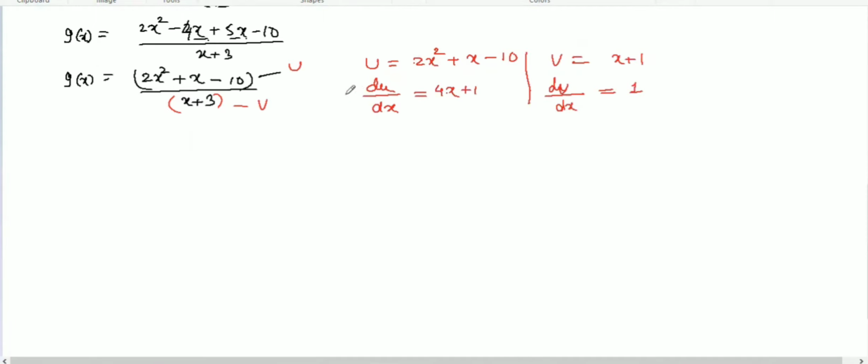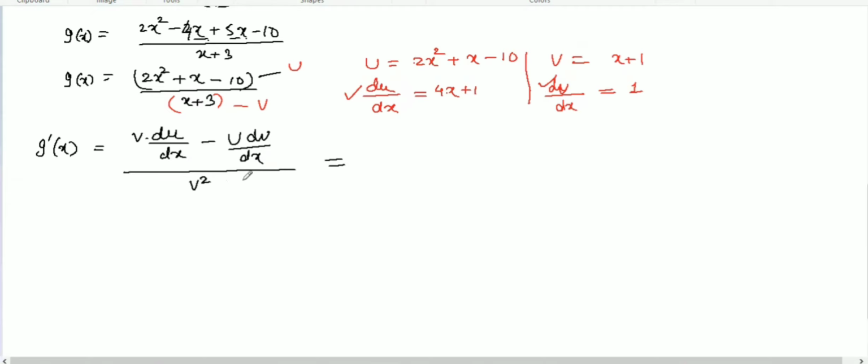Now we have du/dx and dv/dx, and we differentiate this function, but I'm going to write down the formula first. So g'(x) equal to (v du/dx - u dv/dx) over v². This is your formula. Now we need to sub in everything here.